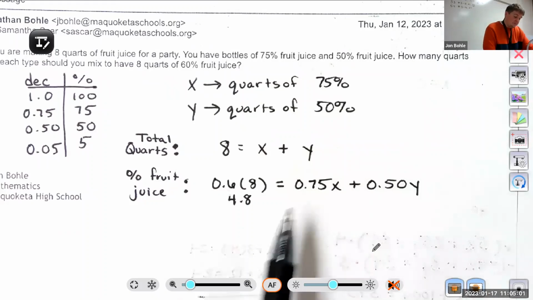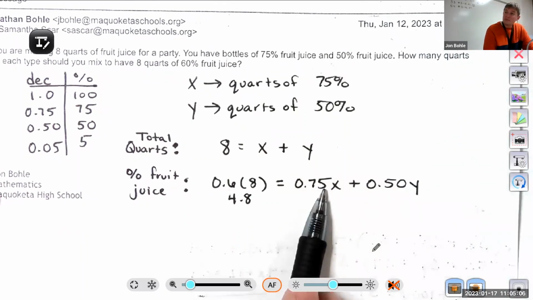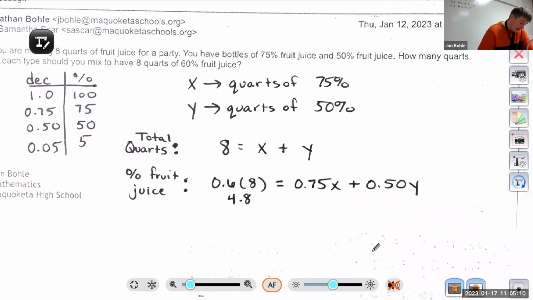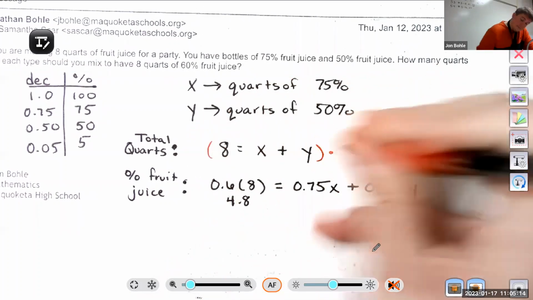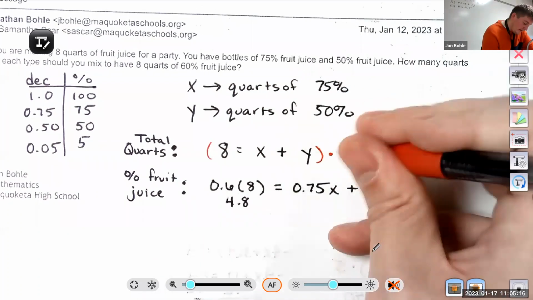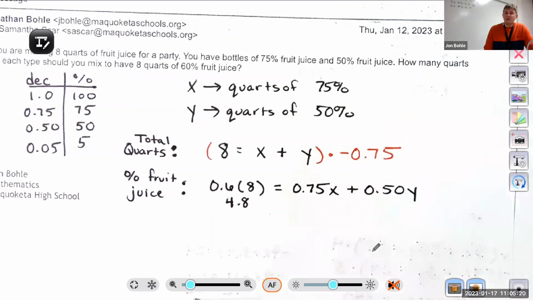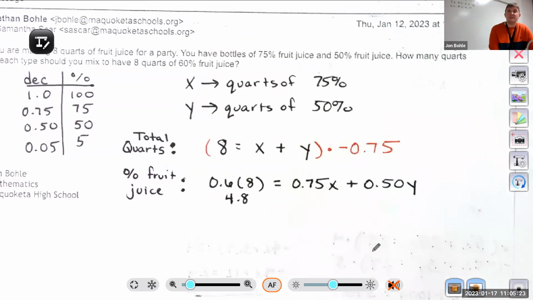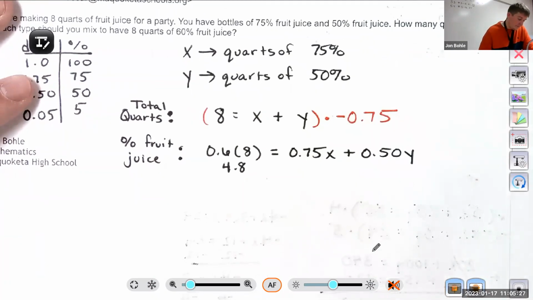So I'm going to look at the X's. That's positive 0.75. What's the opposite of positive 0.75? What do I have to multiply 1 by to become negative 0.75? Negative 0.75. So because 1 is so easily manipulated, I'm just going to multiply the top one by negative 0.75.